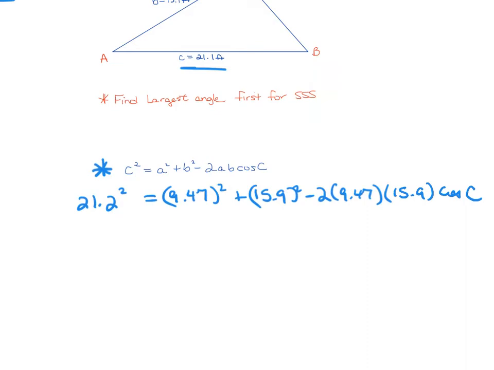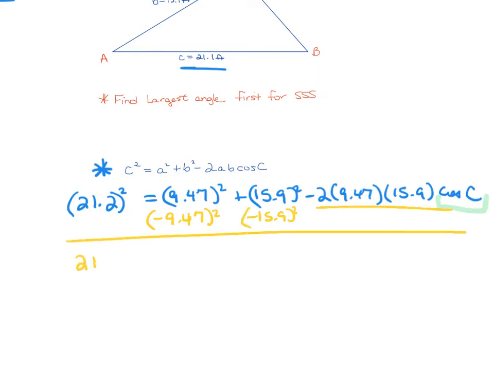Now, this time, I can't do it continuous in my calculator because what I'm solving for is cosine of C. So I can do this step by step. Really what I'm trying to do here is first isolate this thing. So I could subtract 9.47 squared and subtract the 15.9 squared.